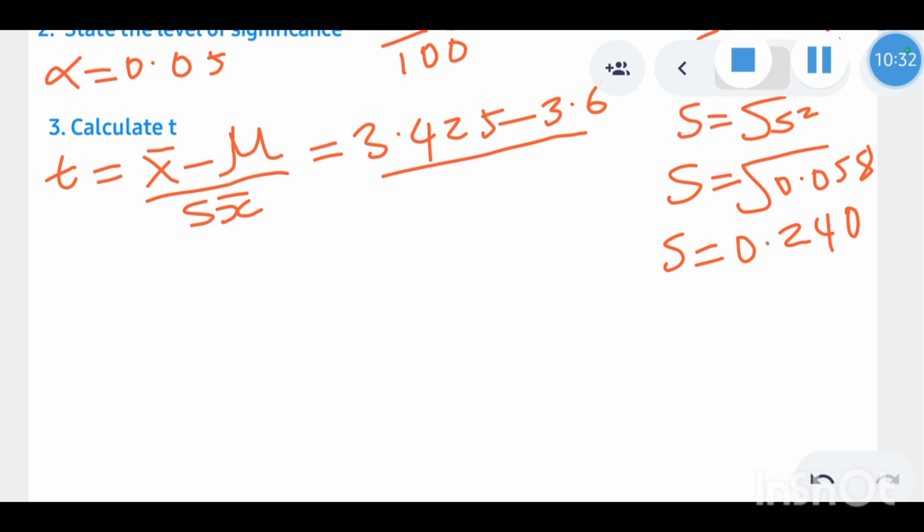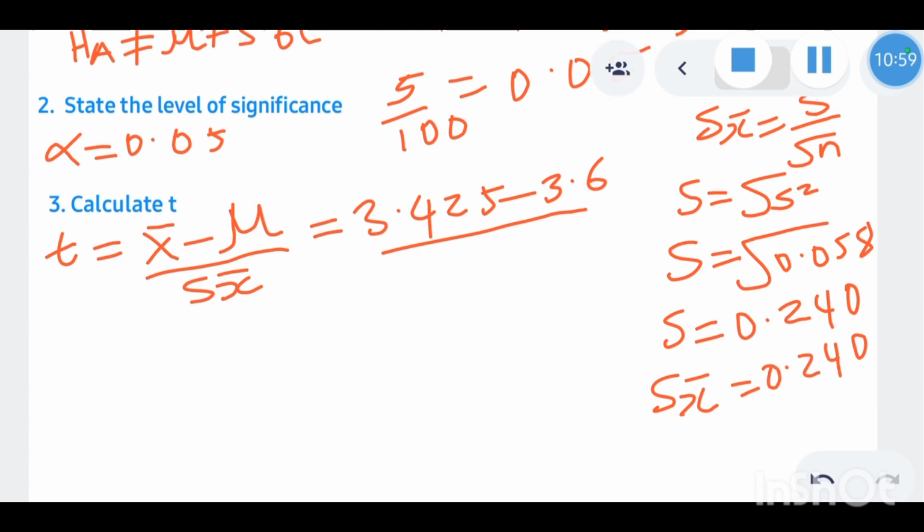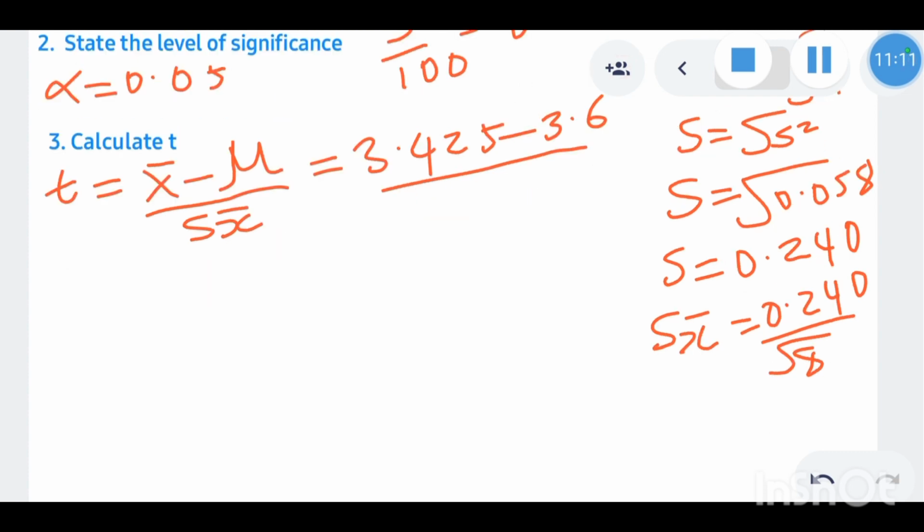Standard error equals standard deviation, which is 0.240, divided by root n. We did say the n value, the sample size, is 8. So our standard error would be 0.240 divided by root 8. So we succeeded in getting the value for standard error.